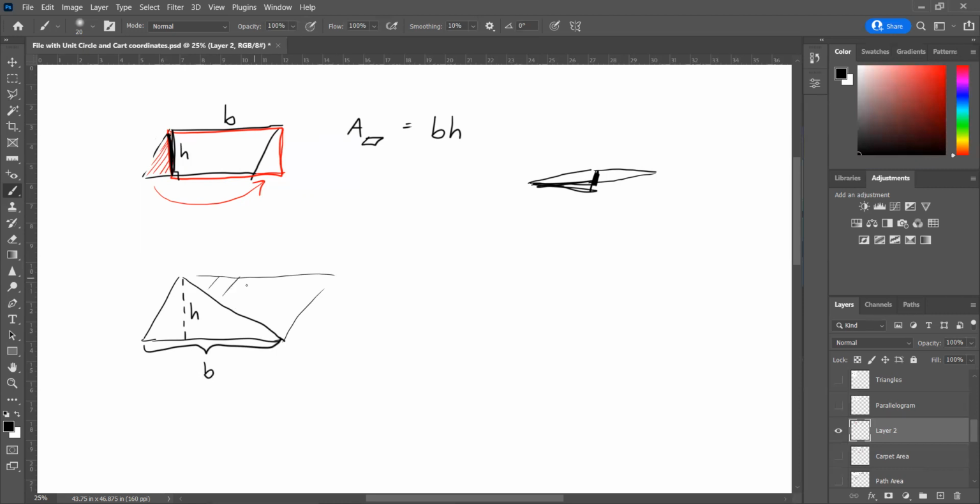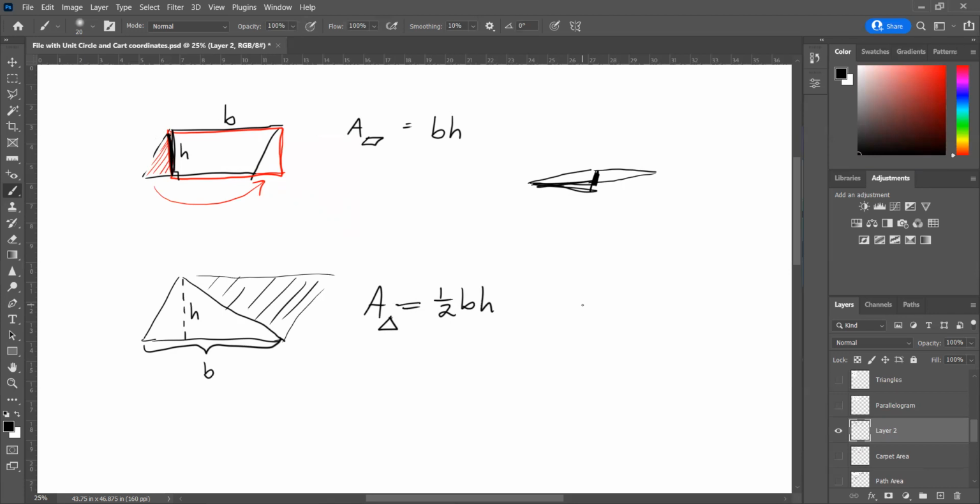But notice we've eliminated that half of the parallelogram. So the area of our triangle is half the base times the height. And you have these formulas on the formula sheet, so you don't have to memorize all of them, though I suspect some of them you already have memorized, just because you've heard them through your lives.